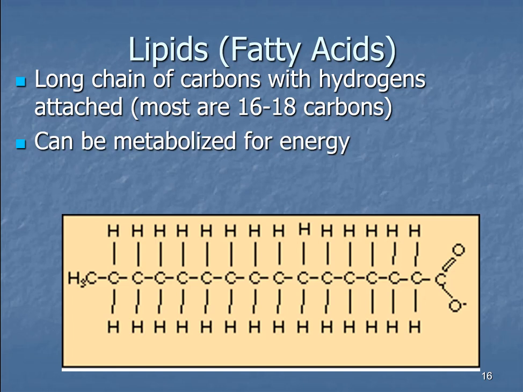So fatty acids look like this. Fatty acids are a long chain of carbons with hydrogens attached. And these are really important because we can get a lot of energy out of these. So these can produce a lot of energy. We can transfer a lot of energy out of these.